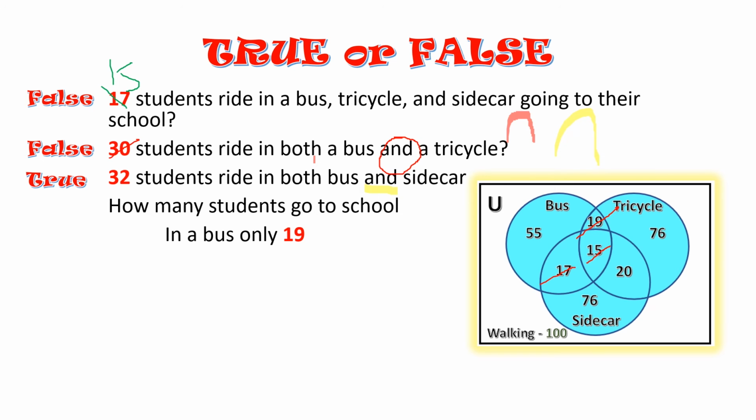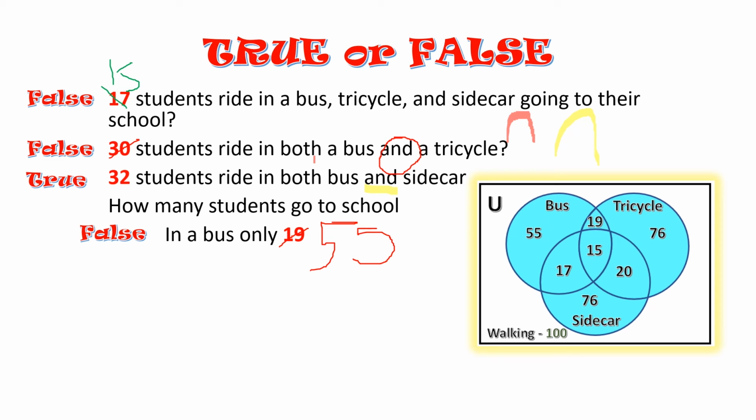Same as 17, it can no longer be included since it is part of the set of sidecar. So, what is left for the participants who ride bus only? So, is it 19? True or false? Very good. False. So, it should be 50. Again, that is 50. 55. Very good. So, since 55 students only ride the bus, they do not ride a tricycle and at the same time do not ride a sidecar. So, it's that simple.